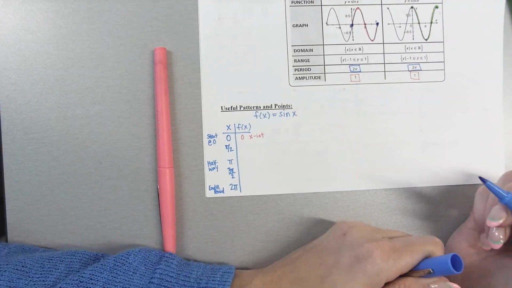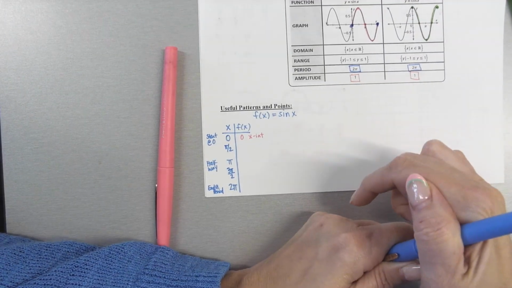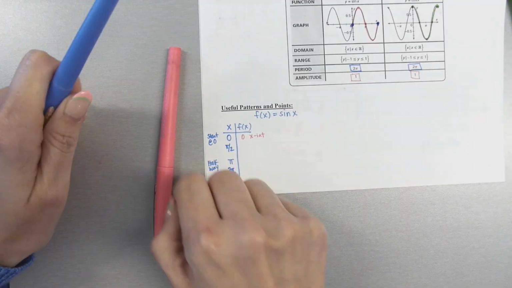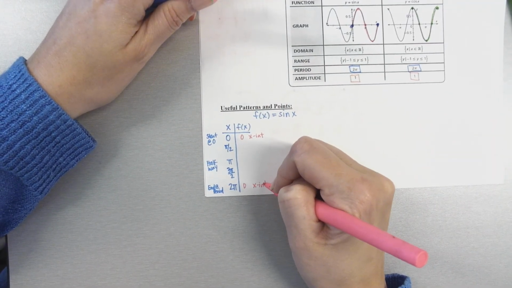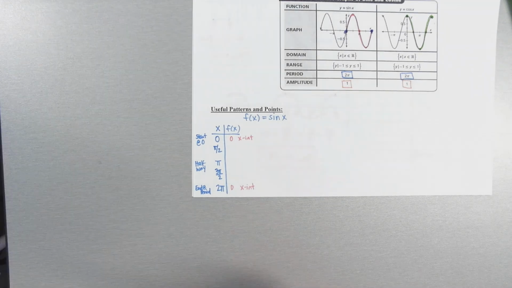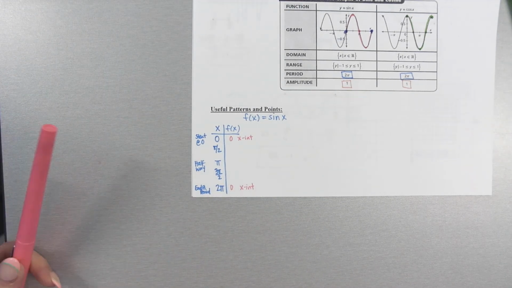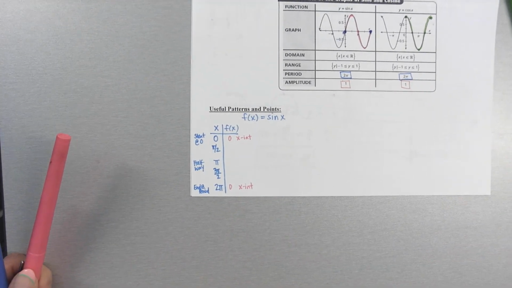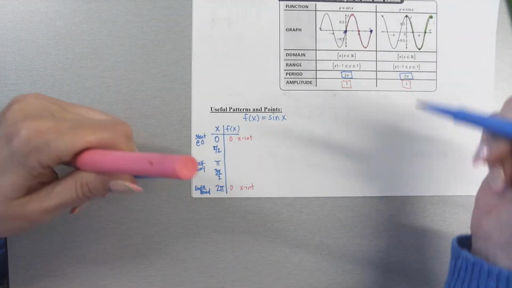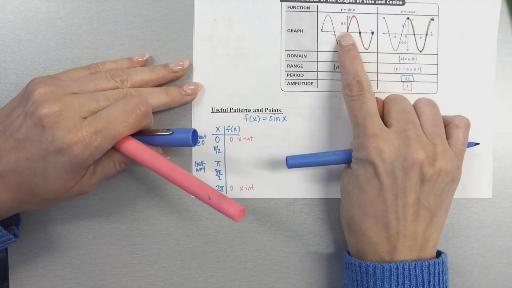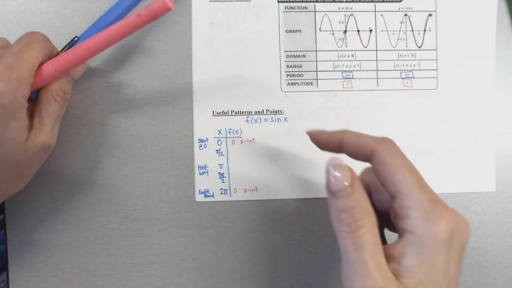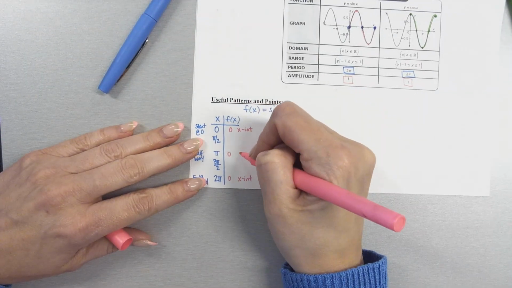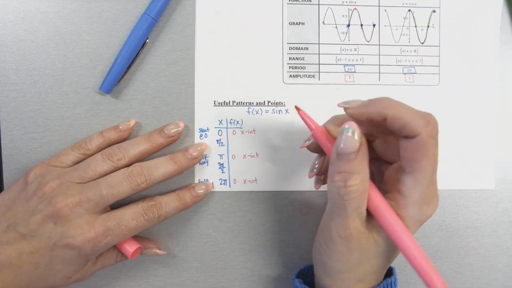So if we start at 0, we are going to end at 0. Now, with sine, where else are we going to have a 0? At what value? Pi, great. So we can see that on our graph, right? So 0, pi, and 2 pi. So halfway in between is going to be an x-intercept.